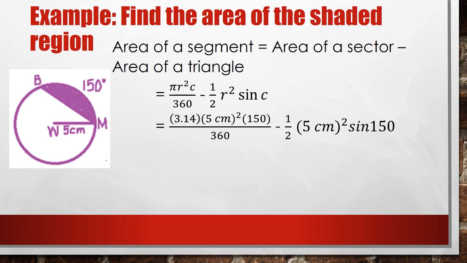And then, I will perform the innermost operation, PEMDAS. Meaning, parenthesis, exponent. So, we will get the square of 5, and the square of 5 is 25.